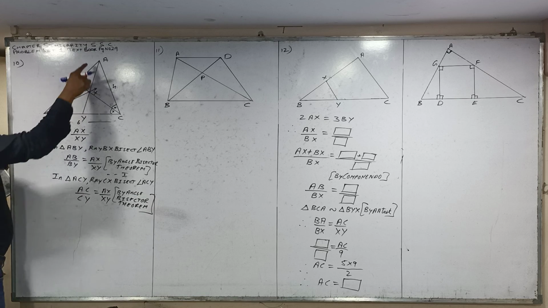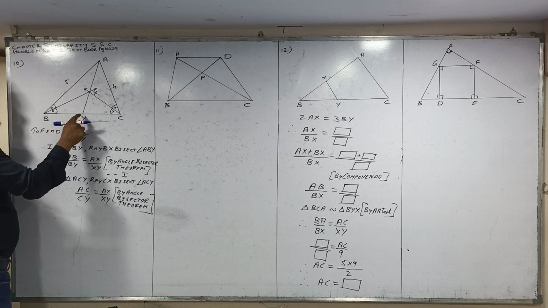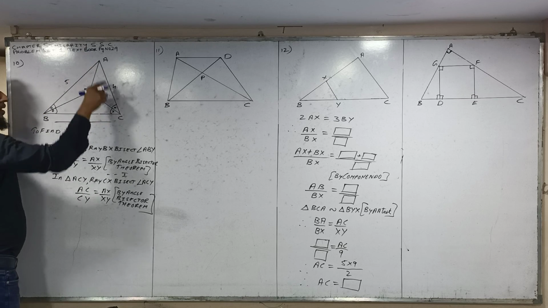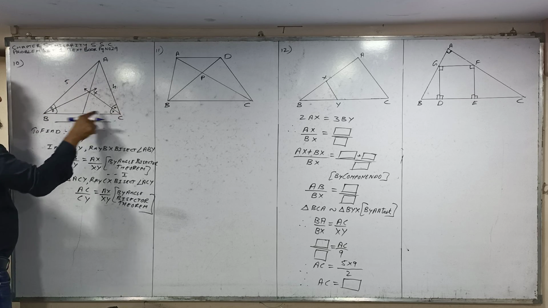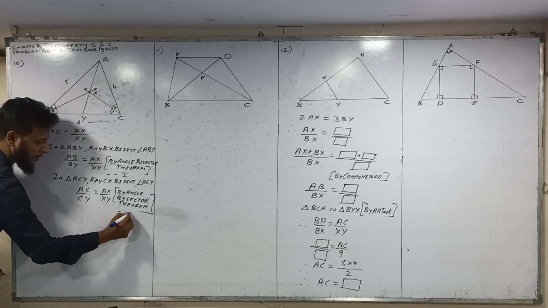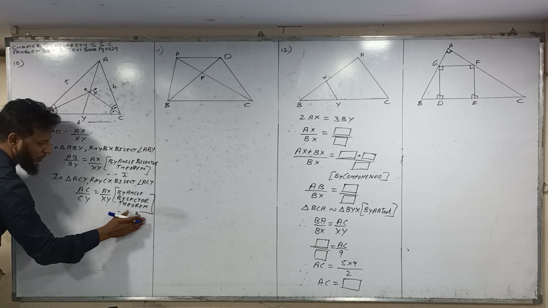So in this triangle, BX is the bisector: AB upon BY equal to AX upon XY. In this triangle, CX is the bisector: AC upon CY is equal to AX upon XY. Give the number 2.